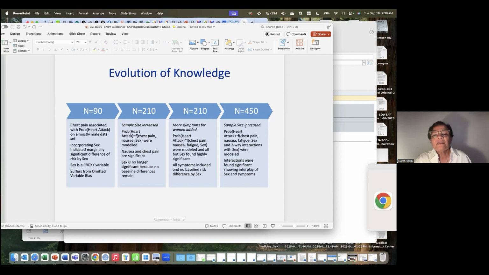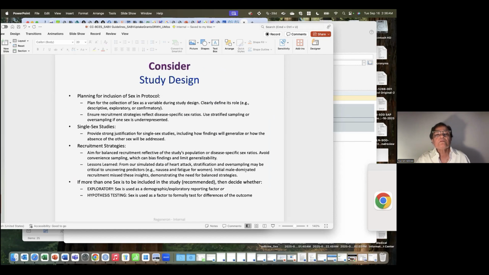And finally, at n equals 450, the sample size was increased and interactions were found showing the interplay between sex and symptoms.